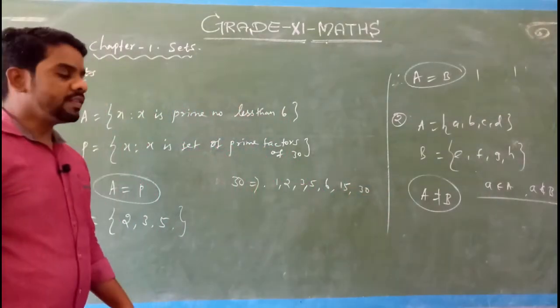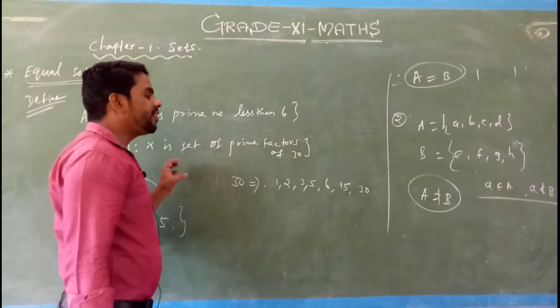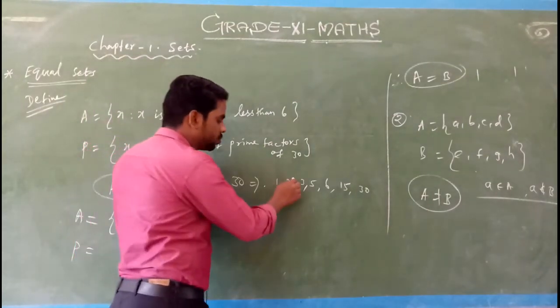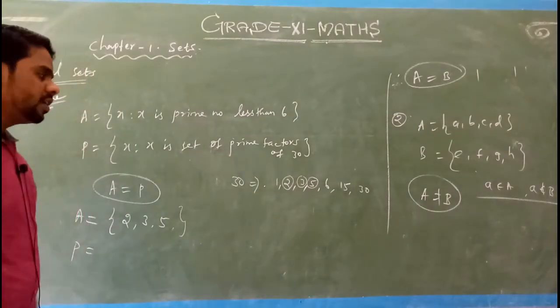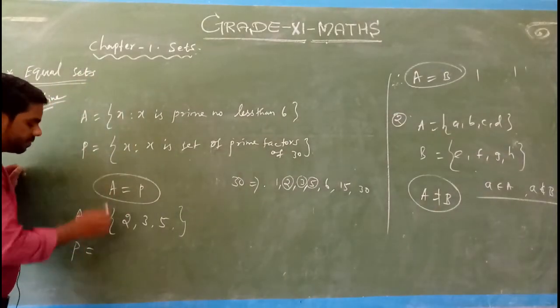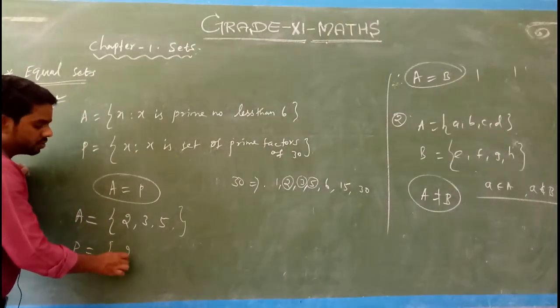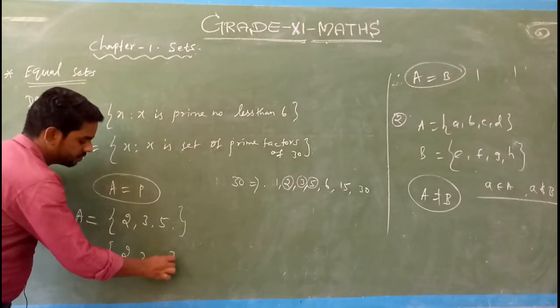Here, the prime factors of 30 are 2, 3, 5 only. So the set P is equal to {2, 3, 5}.